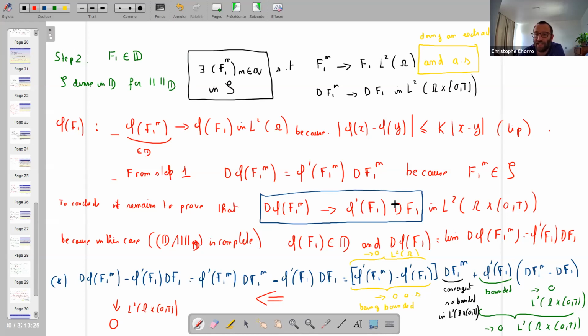From the fact that the domain is complete, I know that the limit of my sequence is in the domain of the derivative operator, and that if I want to compute the derivative of this one, it's just the limit of this derivative, which is equal exactly to this one. And at the end, I have that the derivative of this term is equal to this one, that is exactly what I want to prove here for n equal to 1.